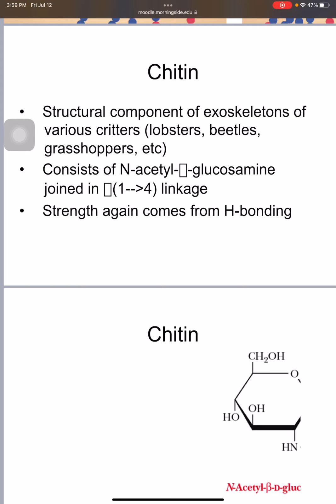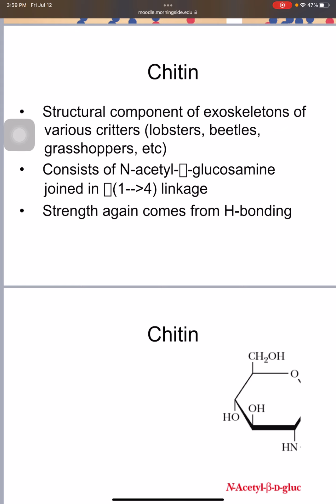I want to talk first about something called chitin. You may have heard of chitin before. Chitin is basically the exoskeleton that exists in a lot of bugs, insects, lobsters, crabs, and other shelled creatures.